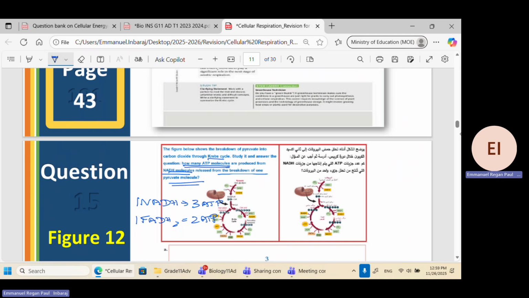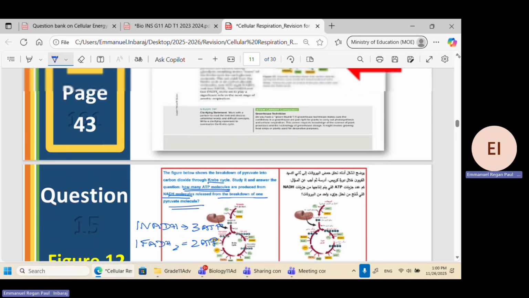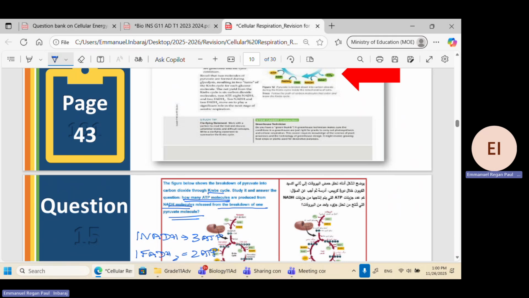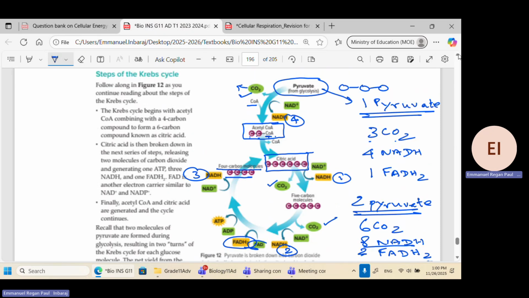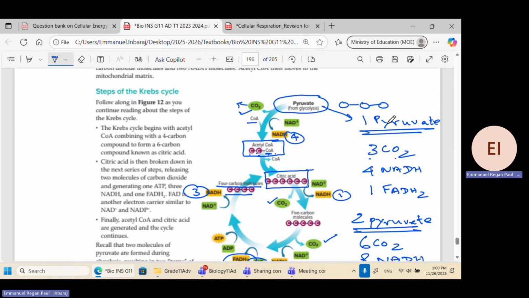Oh, sorry, one pyruvate. So when it is pyruvate, come back here. They're asking in one pyruvate molecule, how many NADH is produced? 4 NADH.